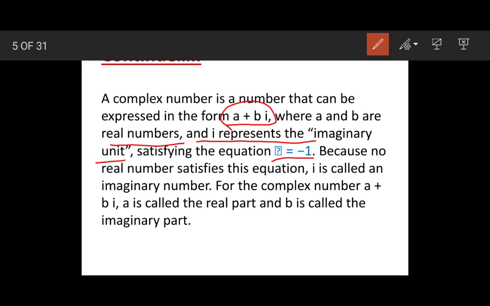Because no real number satisfies this equation, i is called an imaginary number. For the complex number a plus bi, a is called the real part and b is called the imaginary part.